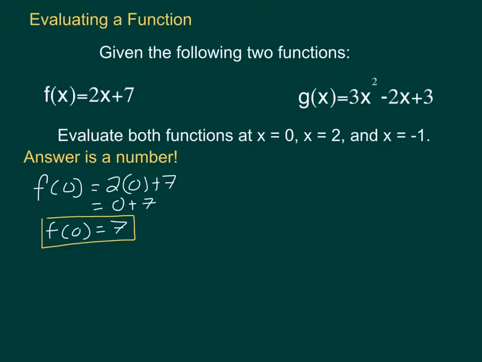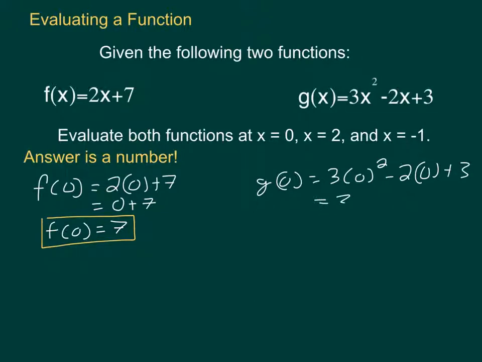Now again, all that I did there is I took my original function and I replaced both x's with the x value that I'm given. X equals 0. I'll do the same thing for g of 0 on the other side. I'm going to rewrite this function using zeros instead of x's. So I have 3 times 0 squared minus 2 times 0 plus 3.